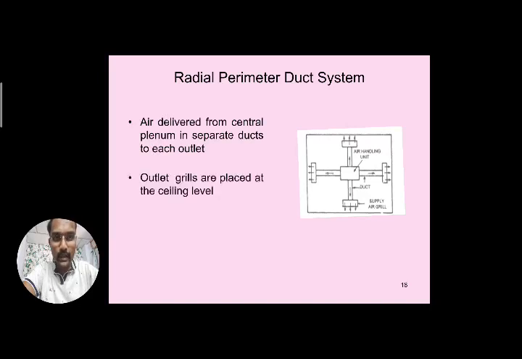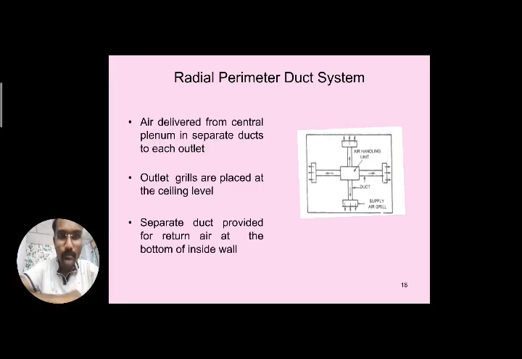The outlet grills are placed at the ceiling level. For example, if conditioned air has to be sent to a room, the outlet grills are fixed at the ceiling portion of the room.